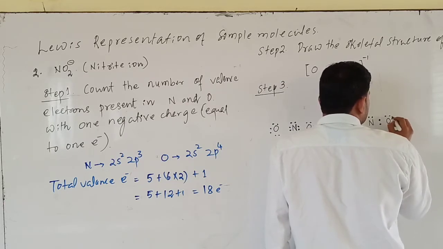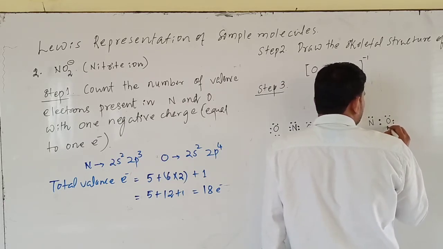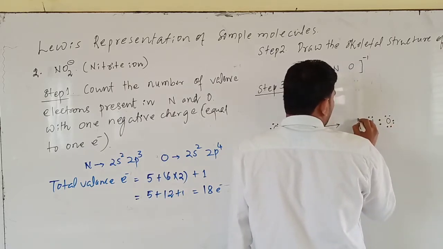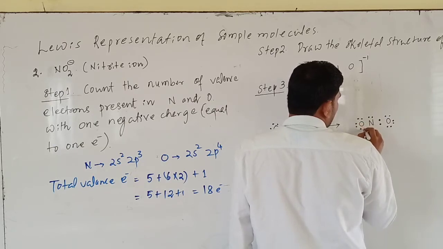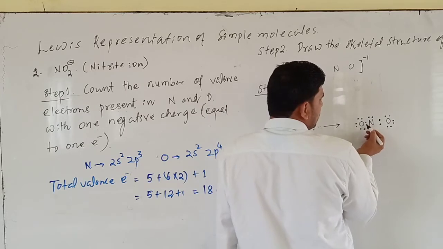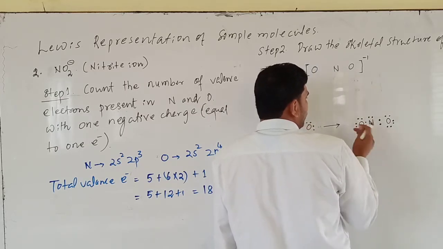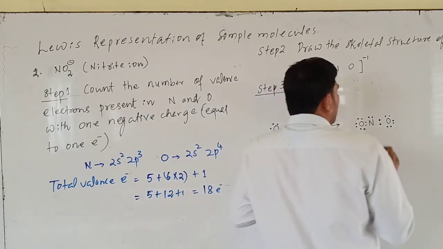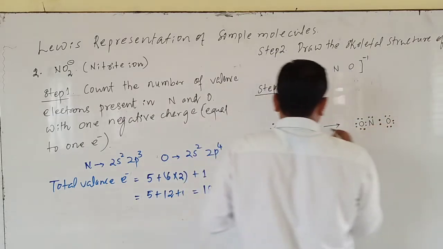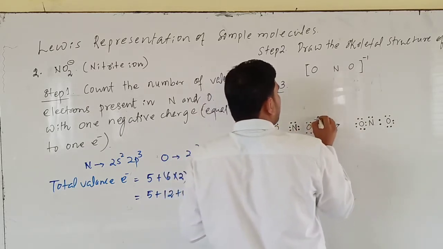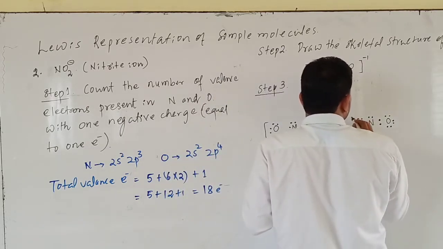Both oxygen atoms satisfy the octet, 6 plus 2, 8. Always write the minus 1 charge.